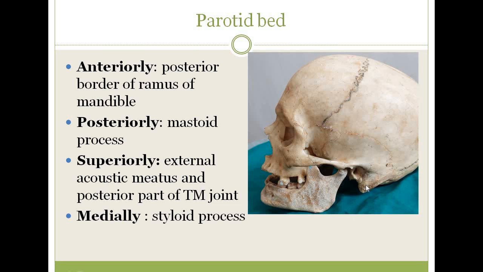On mastoid process there is insertion of sternocleidomastoid, as well as behind in the digastric notch there is origin of posterior belly of digastric. On the styloid process there is attachment of muscles. So this parotid bed here you can see is formed by these structures and the muscles attached to these structures.